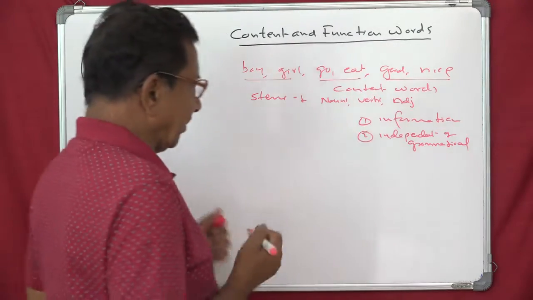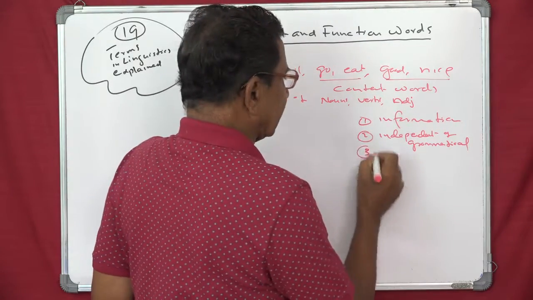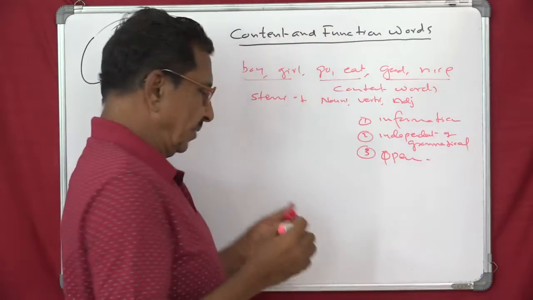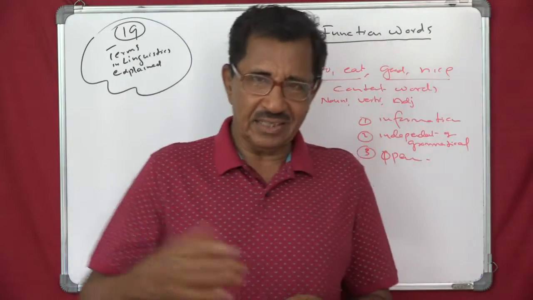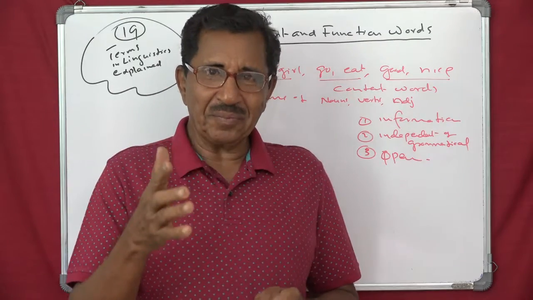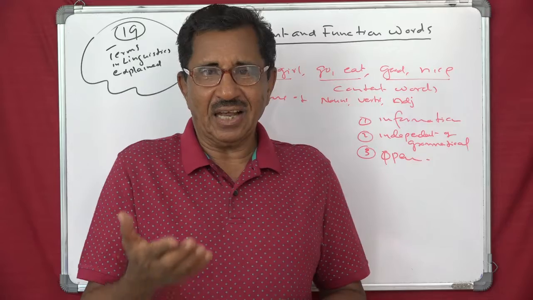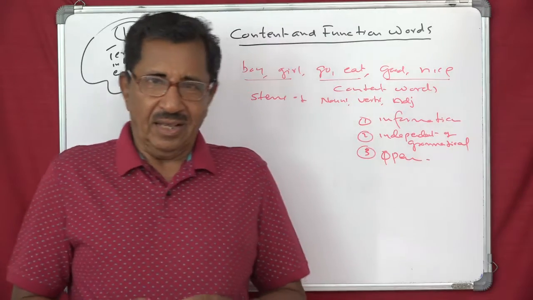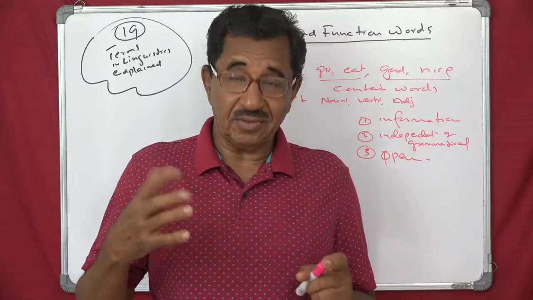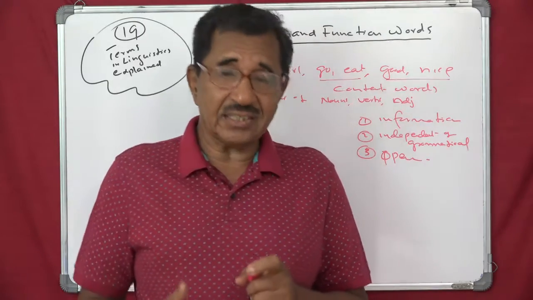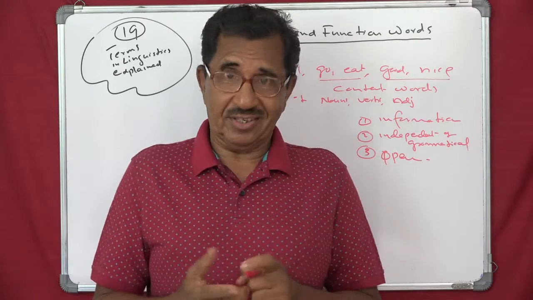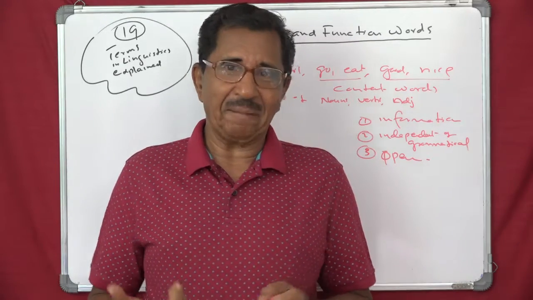And third point about this, they are open class. Open means they welcome similar words into their group. Not closed. For example, you can say in this fast changing world, you remember now the glasnost, then perestroika.